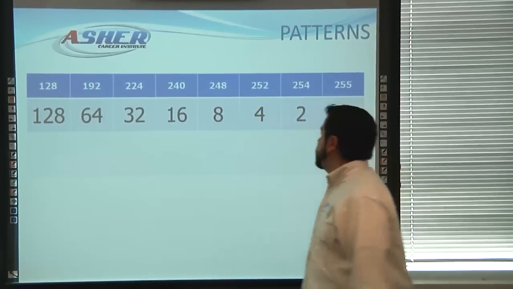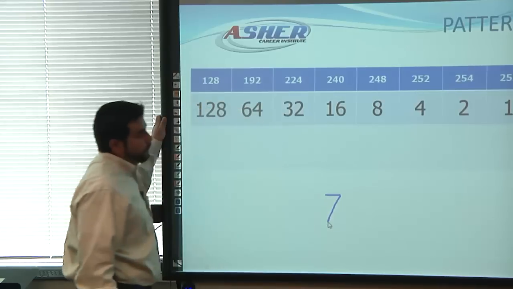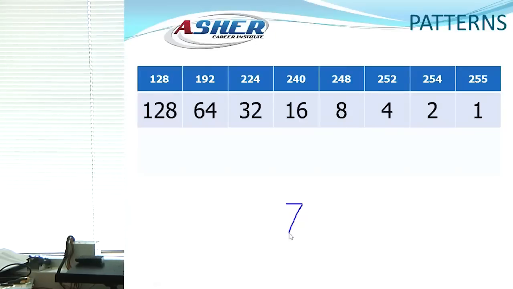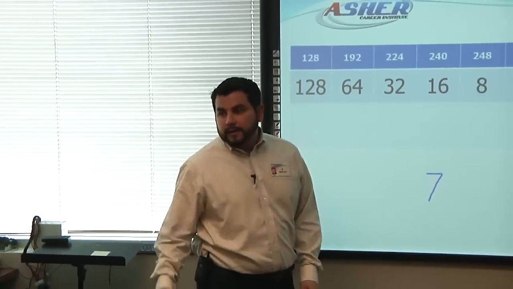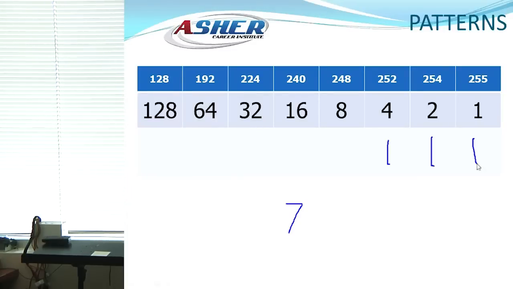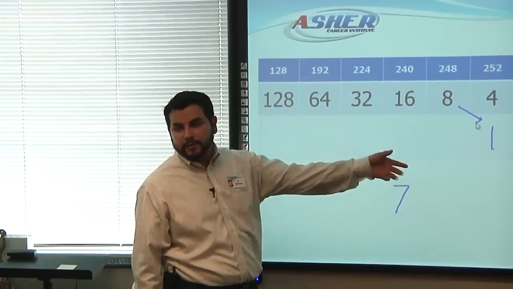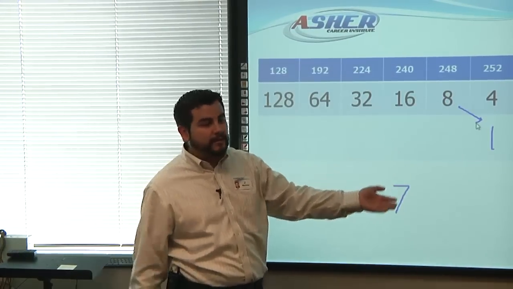For instance, if I'm looking for the number 7, what would be the answer for number 7? 4, 5, 6, 7, right? Okay. So 7 here is one number less than 8. You see that? 8 minus 1 would equal 7, so everything to the right of that is 7.